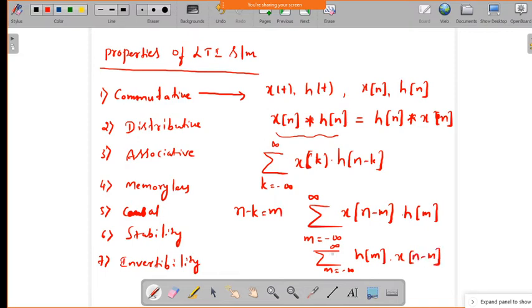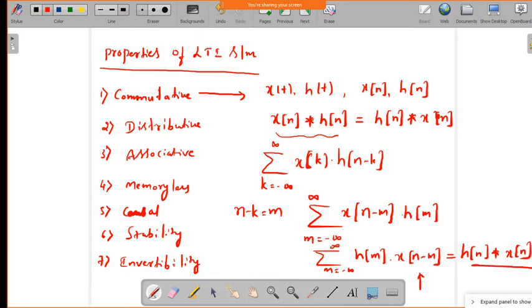Now see this equation: it is looking like the convolution of h with x. The variable which was k, which we had written as x of n convolution h of n, is now m, so similarly we can write it as h of n convolution x of n.